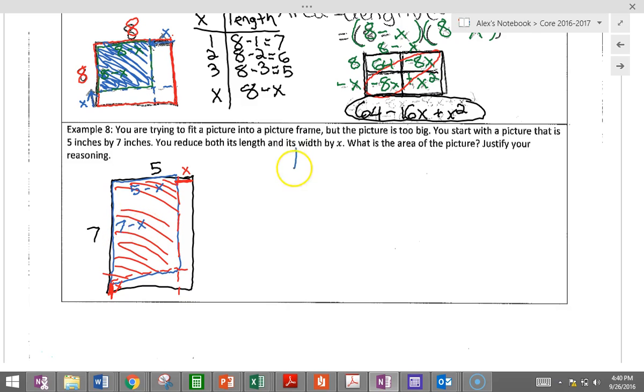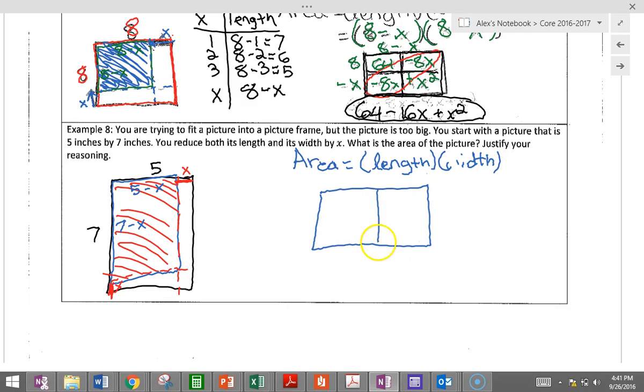So the area, once again, is going to equal the length times the width. I create that box, just like we always do for multiplication problems, and I'm doing 5 minus x and 7 minus x. Same type of thing. 7 times 5 is 35. 7 times negative x is minus 7x. 5 times negative x is negative 5x.